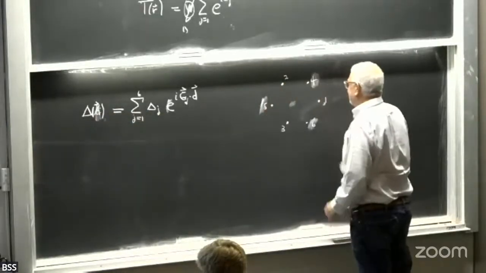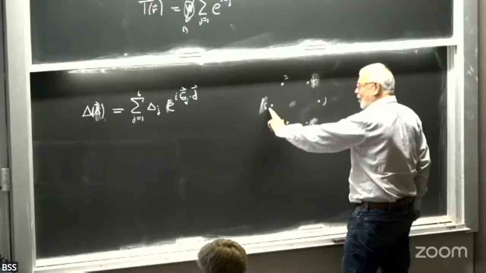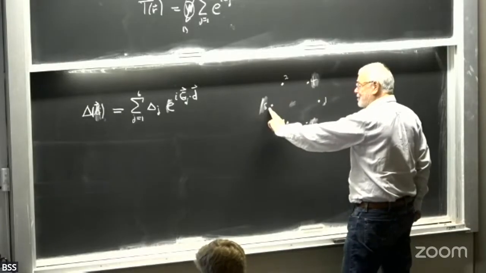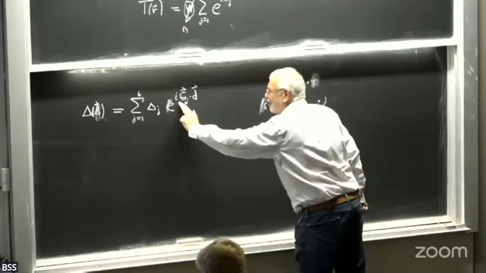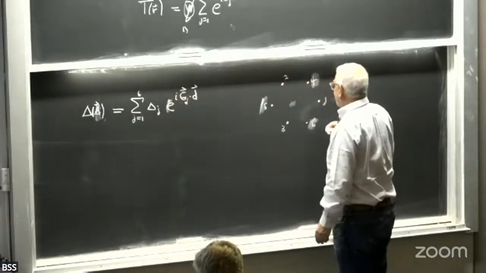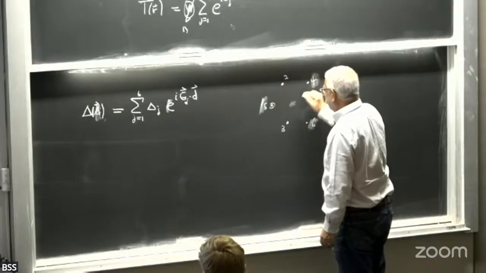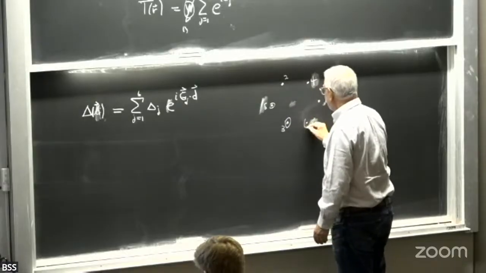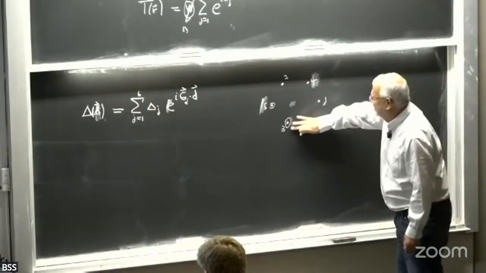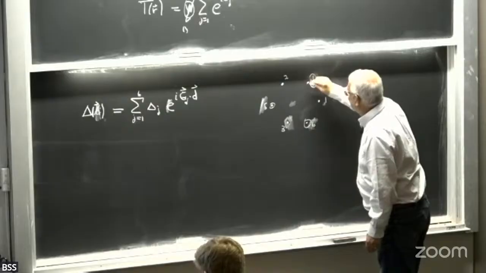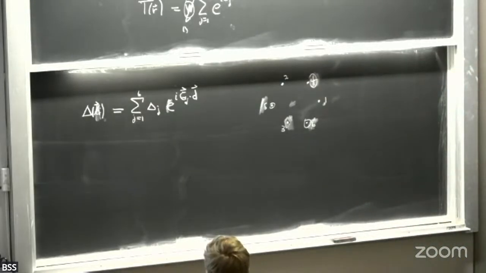It's real. So when I do this Fourier expansion, just like normally for real functions, the coefficient for minus G has to be minus the coefficient of G. So 5 is not independent of 1, 3 is not independent of 4, and 6 is not independent of 2.